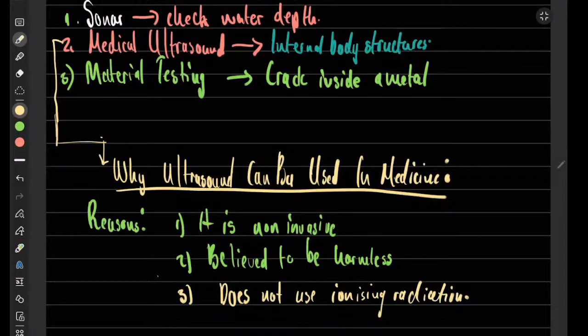Is everybody with me? Guys, it does not use ionizing radiation. Ionizing radiation, we know what it is. When we say it's ionizing, it means it can give energy to the cell. That's just in simple, basic terms. If somebody says, what is ionizing? You say, let me explain in simple words. Ultrasound doesn't give the cell extra energy, because if the cell gets that extra energy, it can mutate.